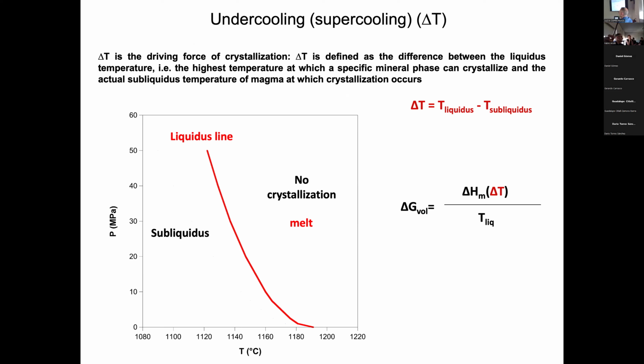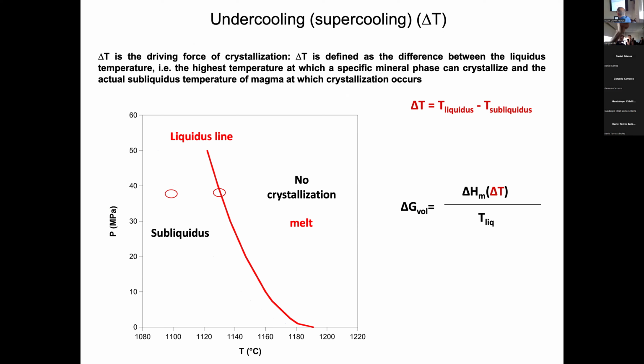We did that yesterday. If we fix the liquidus and we know which temperature our system is at, we can calculate delta T. So this delta T is much easier to calculate for us, and can be considered the driving force for crystallization. And what is it? It's just this temperature minus this temperature at subliquidus condition.